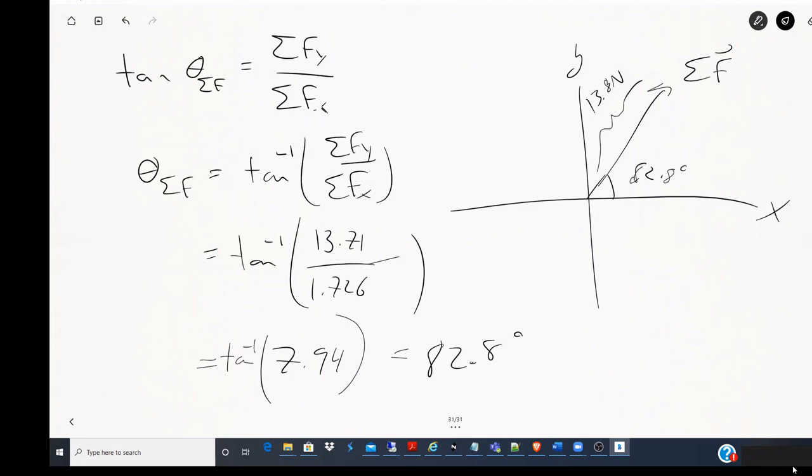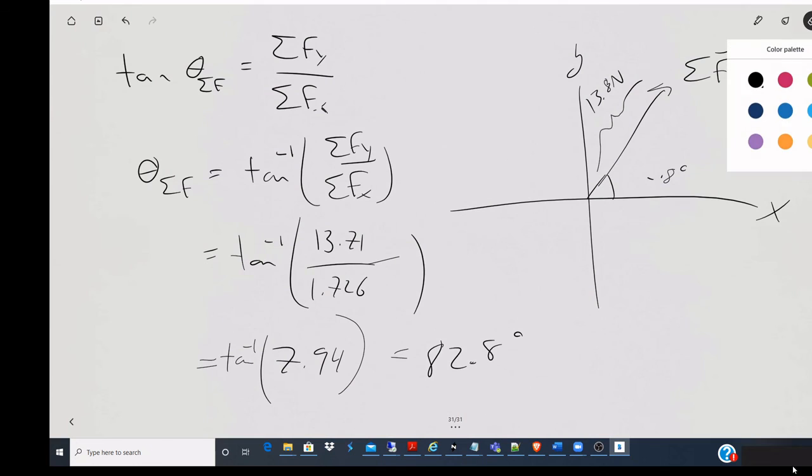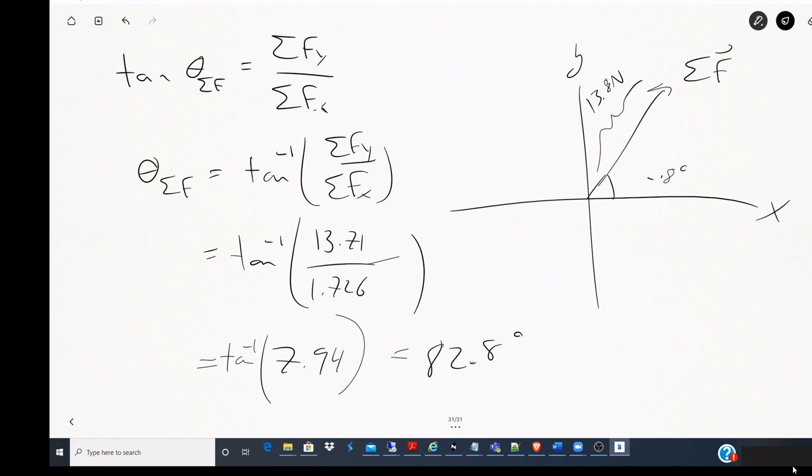The trajectory will experience a force which points up and to the right, 13.8 newtons. And this should kind of make sense because that positive charge exerts such a stronger force on it that it is going to go up rather than down towards the negative charge. Okay, that's the problem.